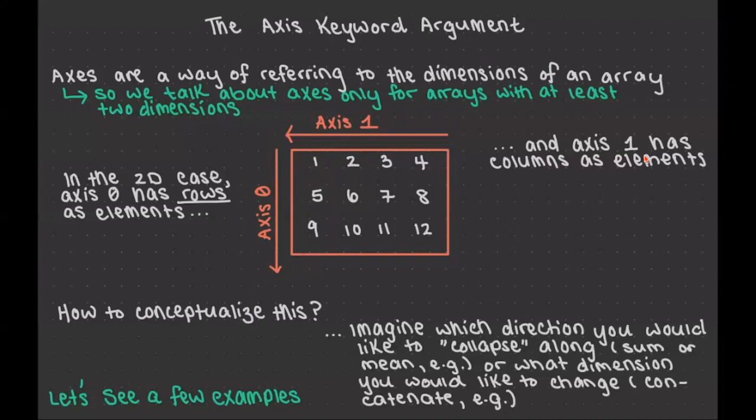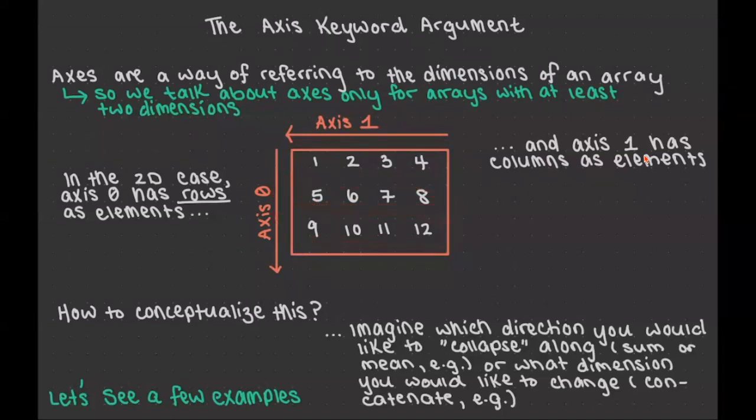Well, there's a couple main situations where we're going to be dealing with this axis keyword. One that you've already seen is when we're taking maximums or summing up a bunch of elements. Let's imagine a situation where I want to sum up along either the rows or the columns of my array. Say I want to add up 1, 2, 3, 4, then 5, 6, 7, 8, then 9, 10, 11, 12.